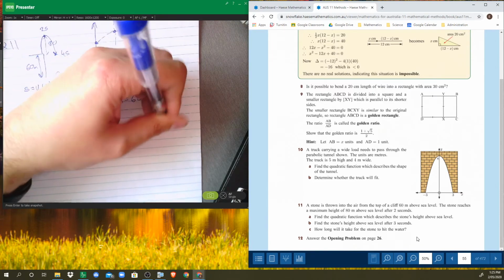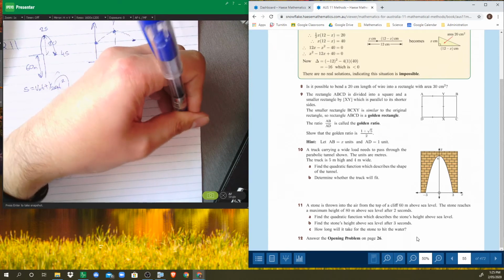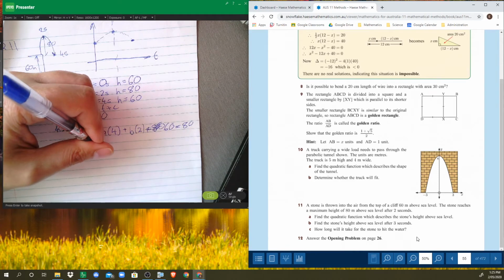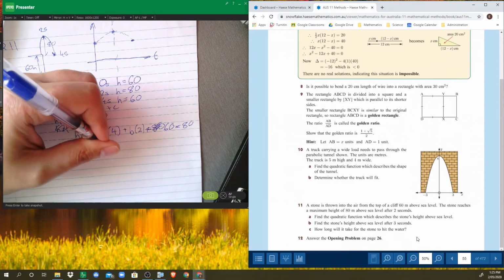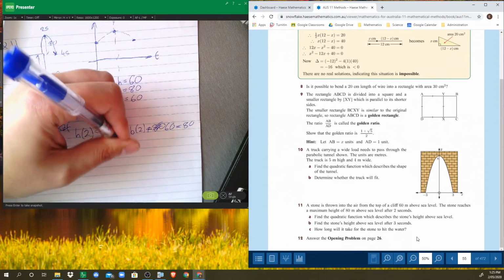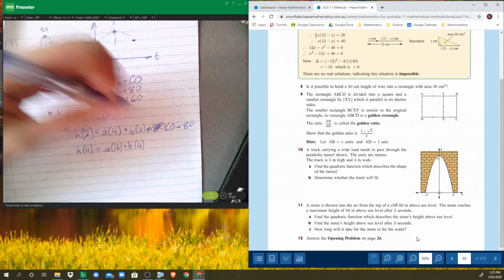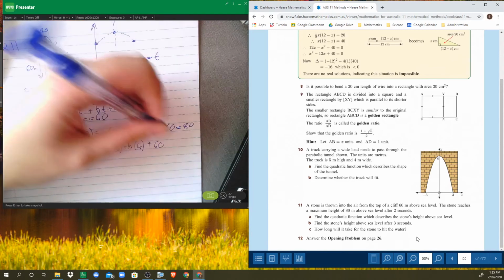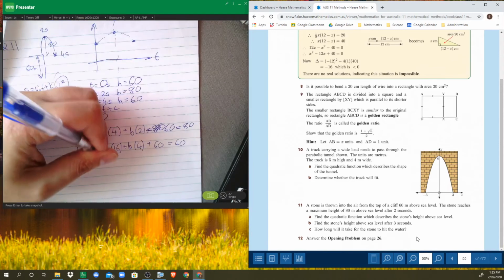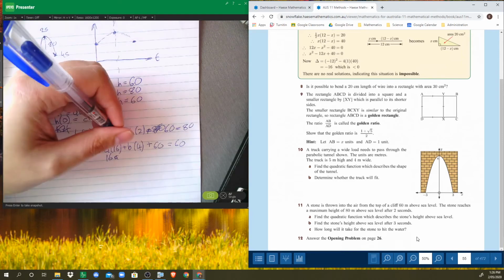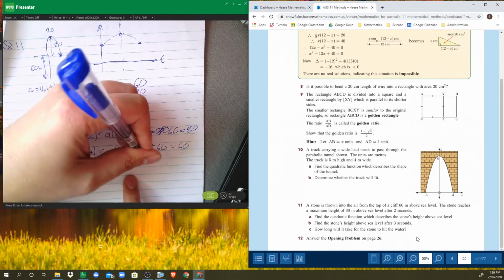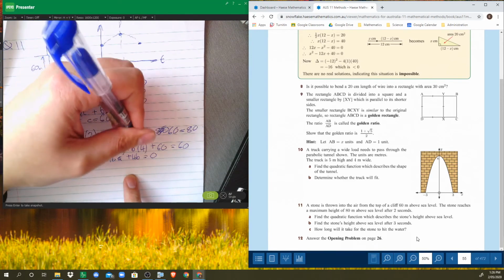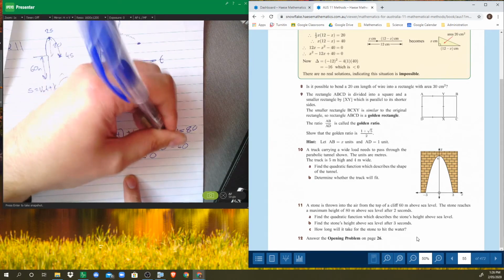Plus 60 equals 80. That's important. And for t equals 4, 16a plus 4b plus 60 equals 60. So then I'll reduce these out: 16a plus 4b equals 0. And this one, 4a plus 2b equals 20 if I bring that across.